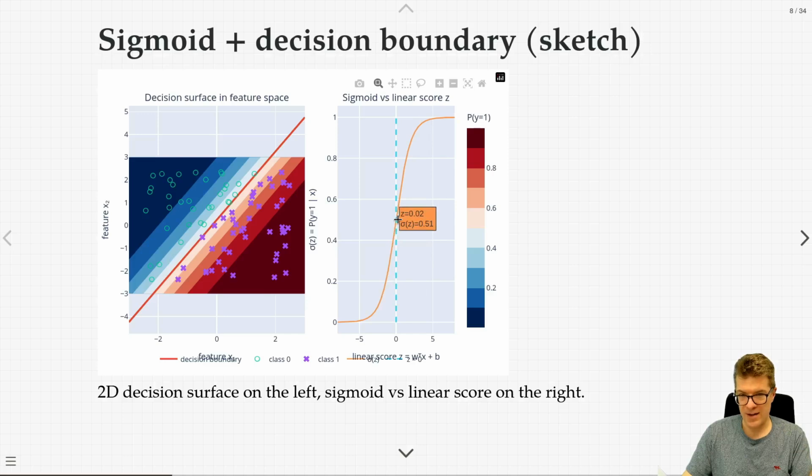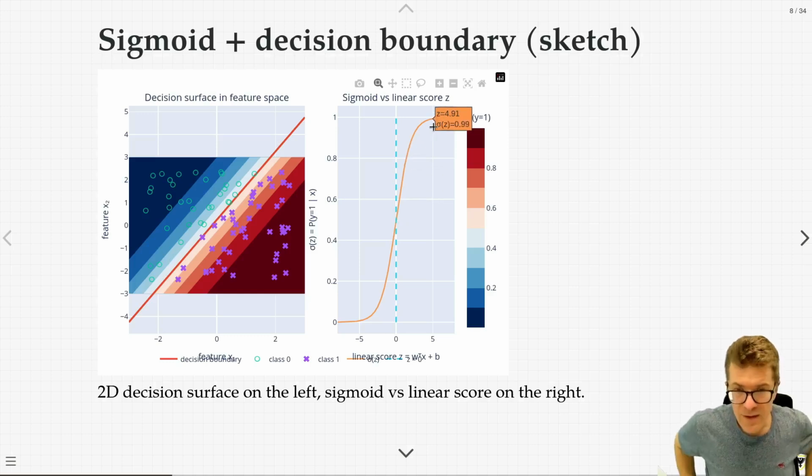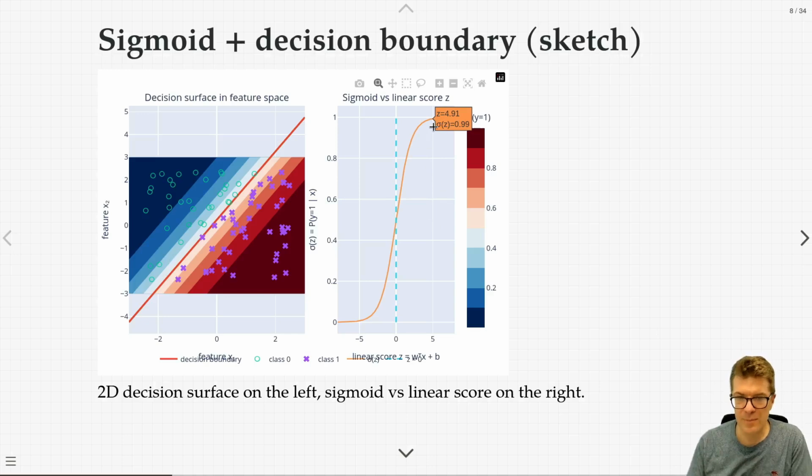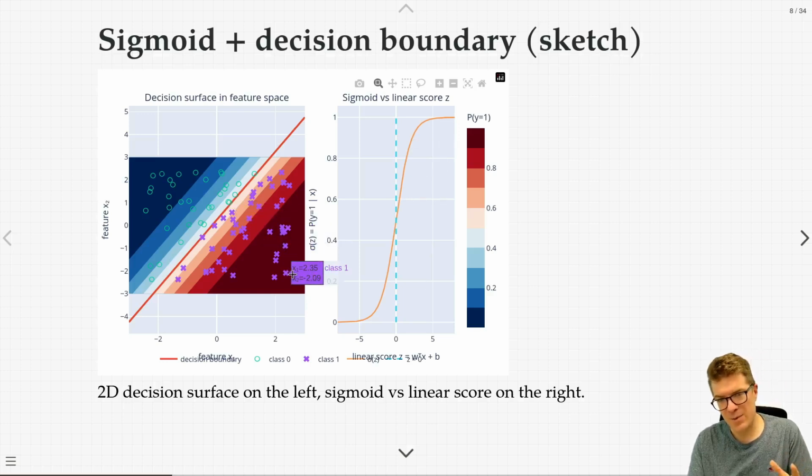So any z that is positive will classify as class 1, and any negative z will classify as class 0. So this curve basically is still the probability that what I'm observing belongs to class 1. So the z's basically represent the distance between these points and the decision boundary.